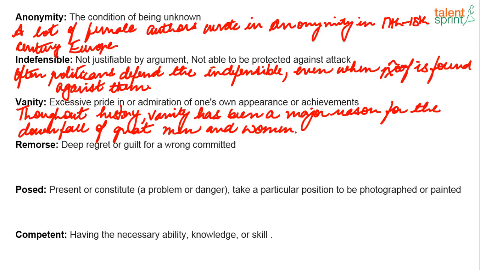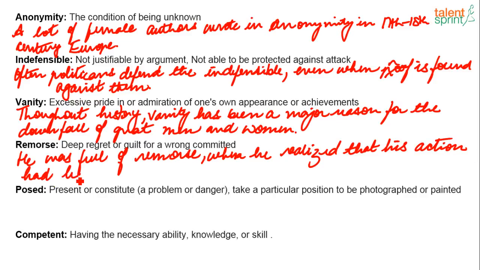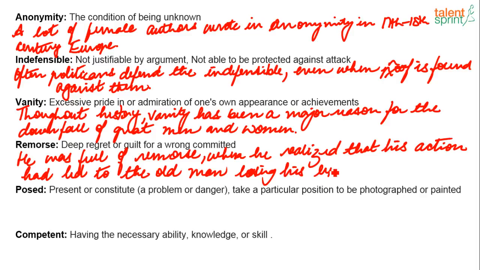So let's look at the sentence here. He was full of remorse when he realized, R-E-A-L-I, he realized that his action had led to the old man losing his eyesight.